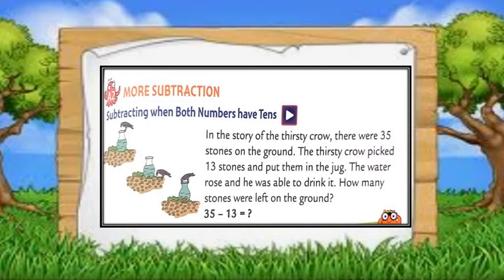In the story of the thirsty crow, there were 35 stones on the ground. You can see the images of crow, stones, a jug. Now tell me, who heard the story of thirsty crow?